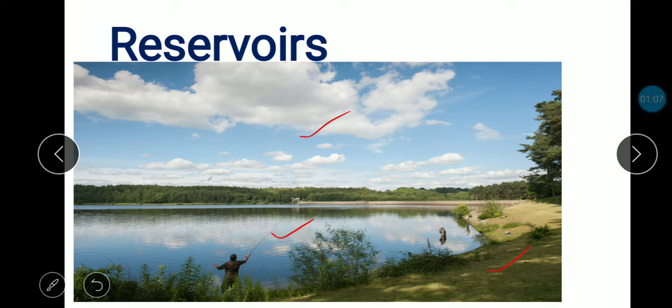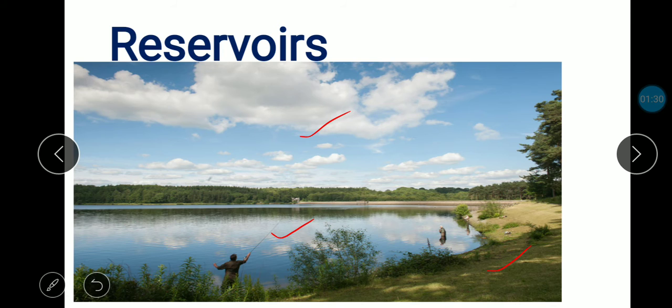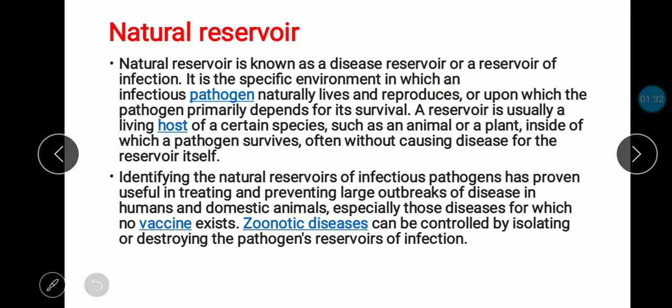Reservoir means the pathogen containing area. It may be smallest or largest like any mosquito like insect or the atmosphere of earth. These are the different types of reservoirs.